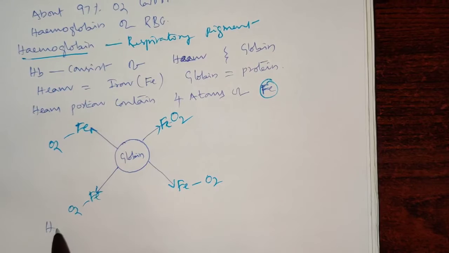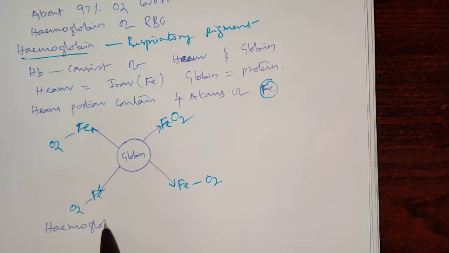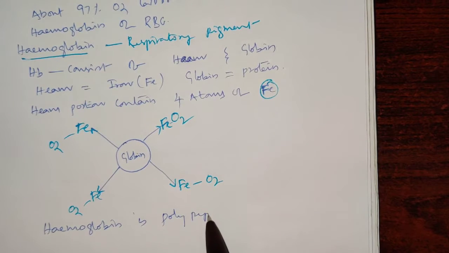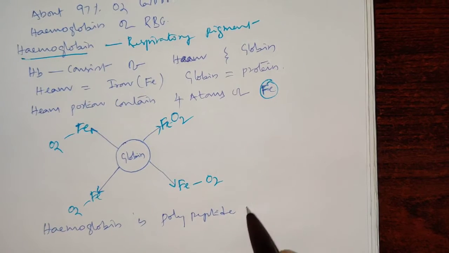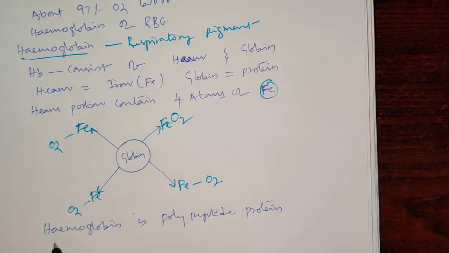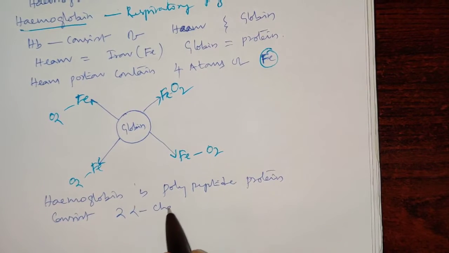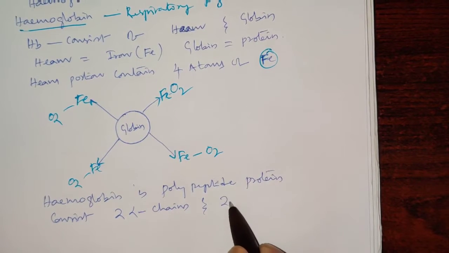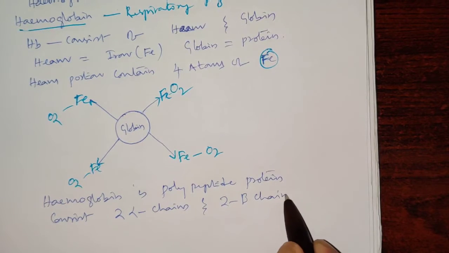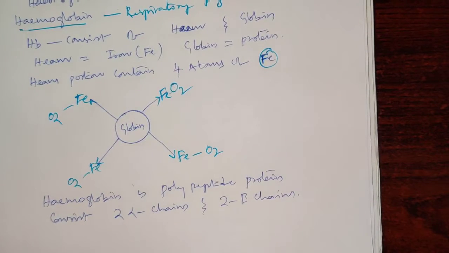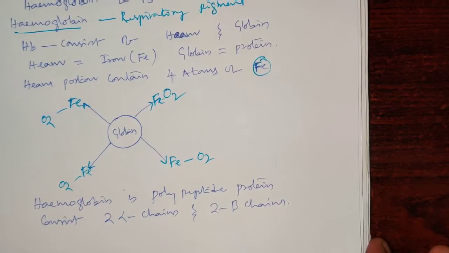So hemoglobin is a polypeptide protein consisting of 2 alpha chains and 2 beta chains. The structure of this hemoglobin we'll discuss a little later. Now let's go with the continuation.